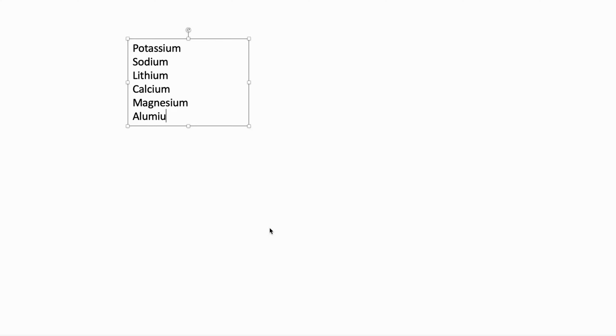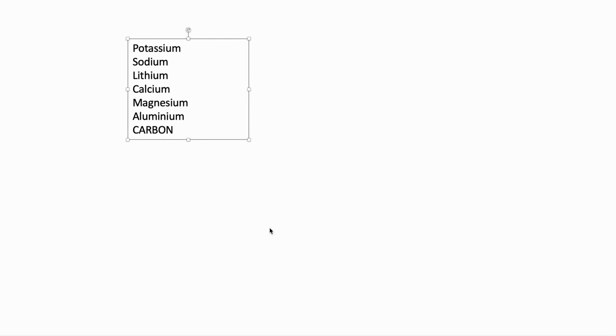So if you look at your reactivity series, you'll notice, let me insert a text box actually, that'll make it a lot clearer. We have potassium, sodium. These are the elements in the reactivity series that you need to know for your GCSEs. Potassium, sodium, lithium, calcium, magnesium, aluminum, and we have carbon.